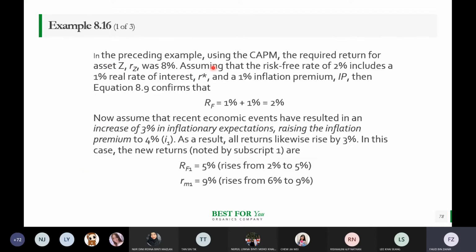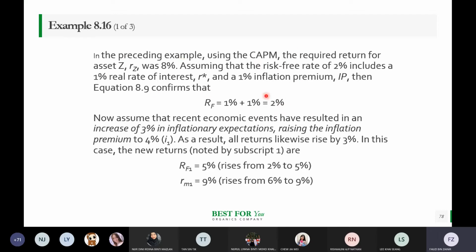In the preceding example, using the capital asset pricing model, the required return for asset XYZ was 8%, assuming that the risk-free rate of 2% includes a 1% real rate of interest and a 1% inflation premium, IP. Then equation 8.9 confirms that the risk-free rate is 2%.